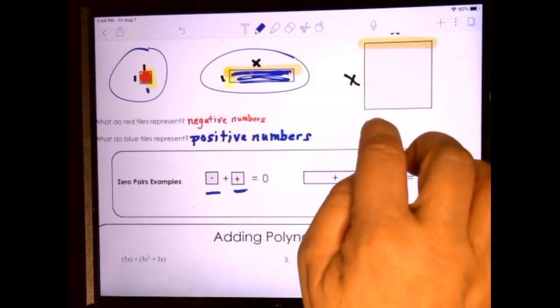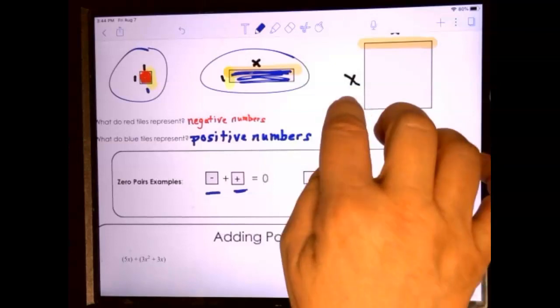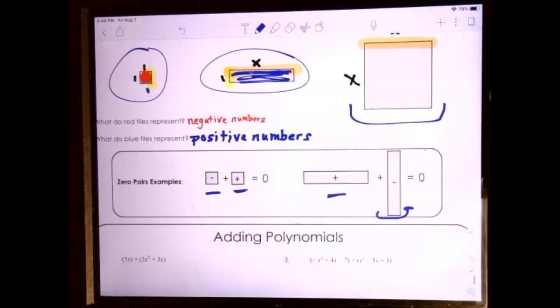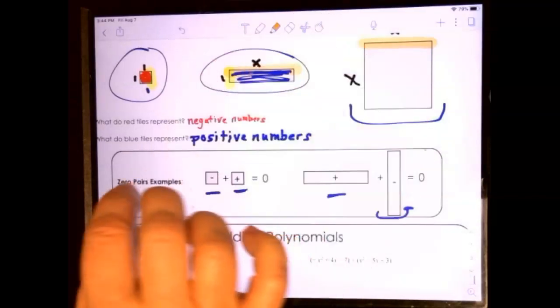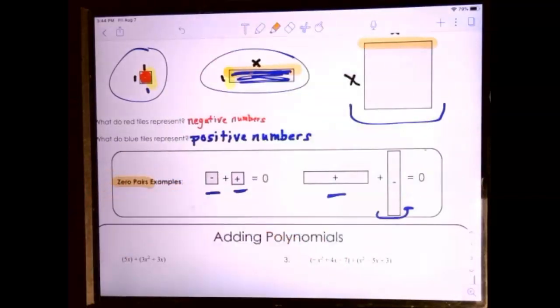So if I had a positive large block and a negative large block and added those together, that would also give me 0. Those are called zero pairs. When we have a zero pair and we're working with algebra tiles, we can match them up and take them away because they cancel each other out. They make it zero.